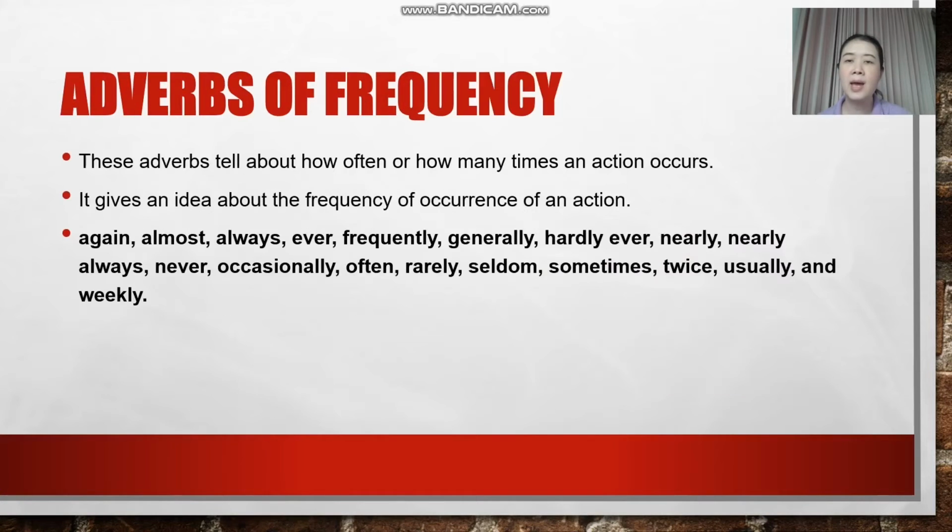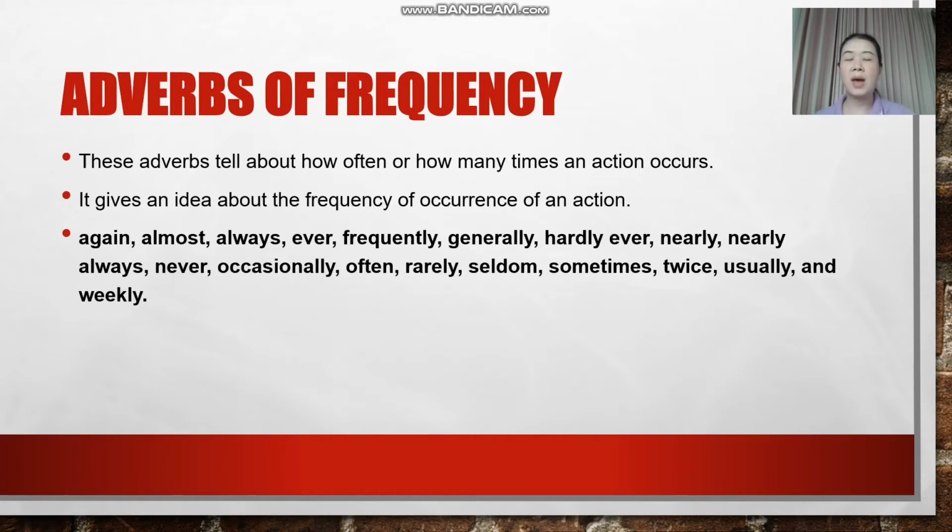Okay. Next is adverbs of frequency. When you see the word frequency, think about how often. Okay, so these adverbs tell about how often or how many times an action occurs. And it also gives an idea about frequency of occurrence of an action. So think about this. When you hear the word frequency, think about how many times that action happened.